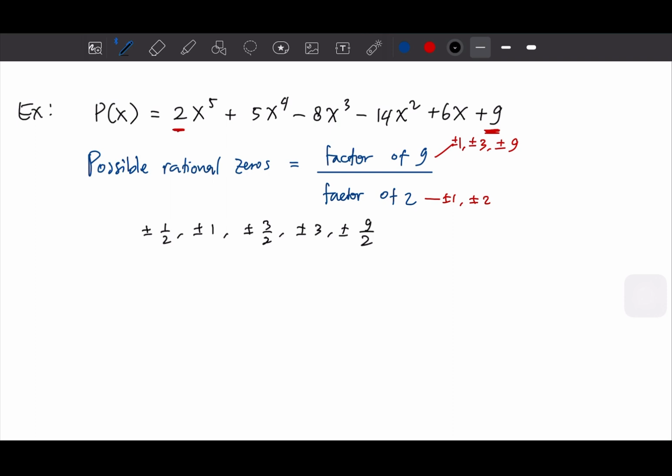If you would like to check how many positive zeros there are, we could use Descartes' rule. Let's check the Descartes rule, so we know how many positive zeros we will have.